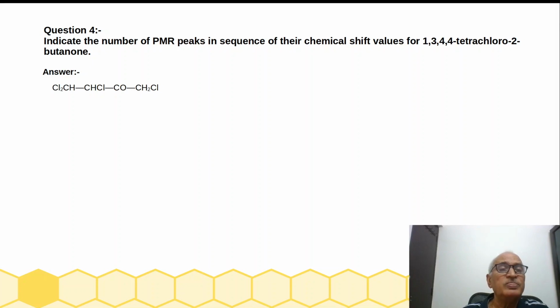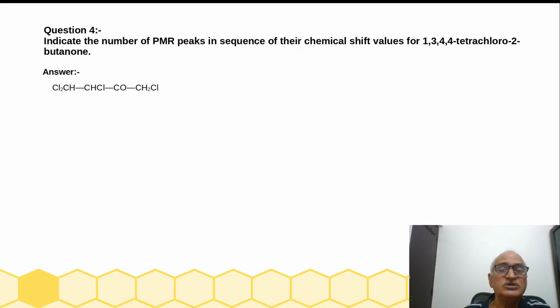Again, you see, where there are two Cl atoms, those hydrogens are more de-shielded than where there is only one Cl atom. So clearly, this compound should show three different NMR signals. One for CH2Cl, one for CHCl, one for Cl2CH. And the signals for Cl2CH and CHCl will be found split into doublets because the two hydrogen atoms are separated by three single bonds only.